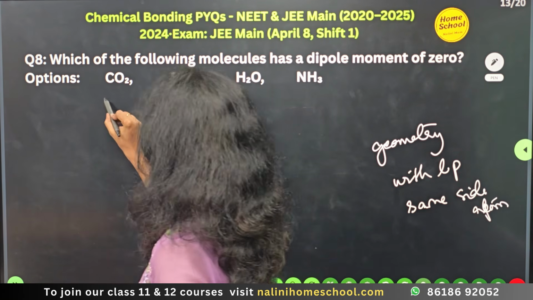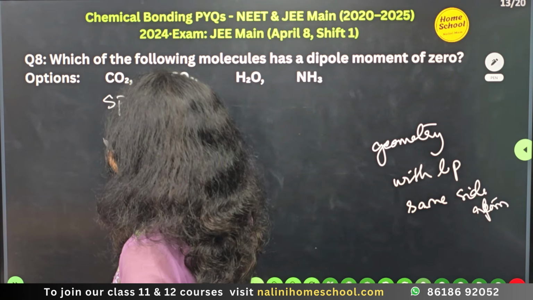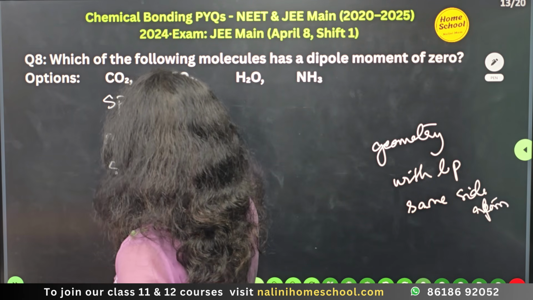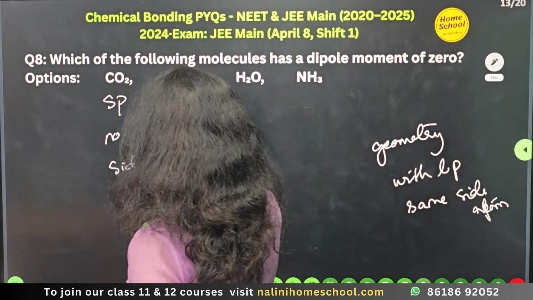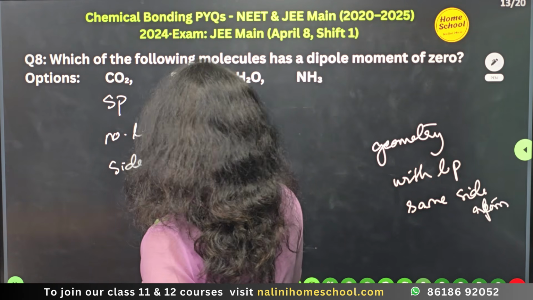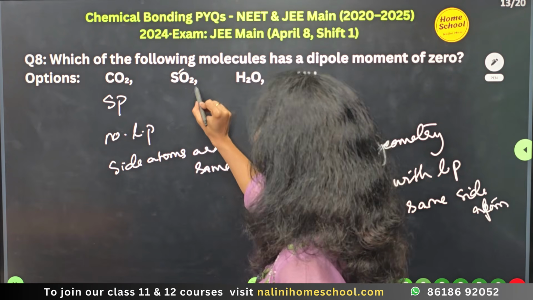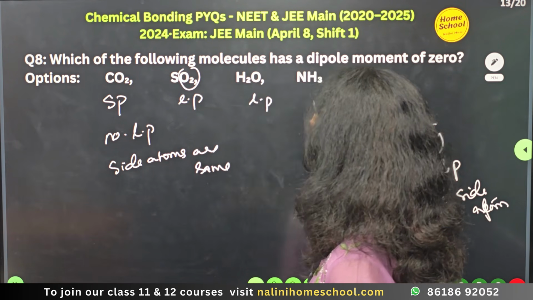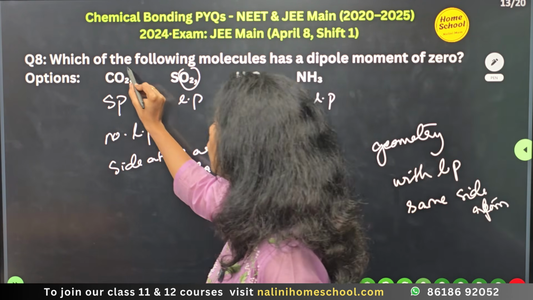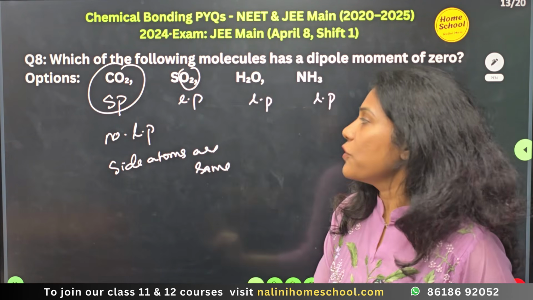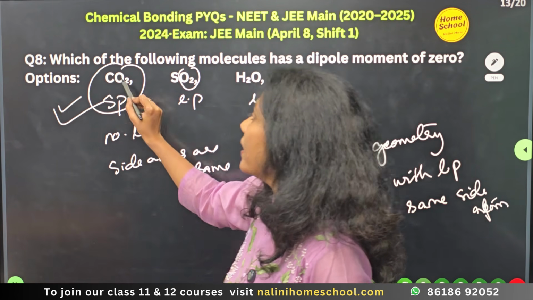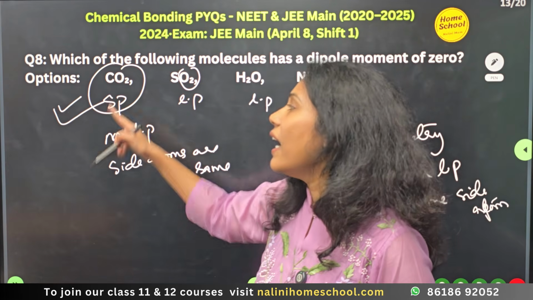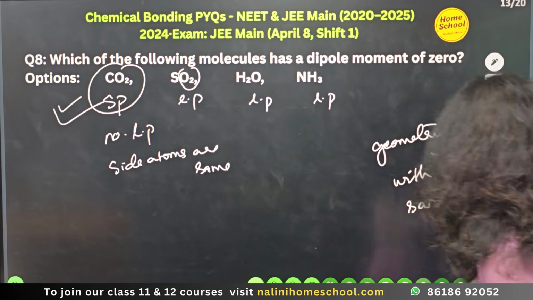Say CO2, sp hybridization, no lone pair, side atoms are same. Everywhere the side atoms are same only, but here you will find lone pair, here you have lone pair, here you have lone pair. So this is the only one without lone pair and with perfect geometry. So this one will have 0 dipole moment, a non-polar molecule.